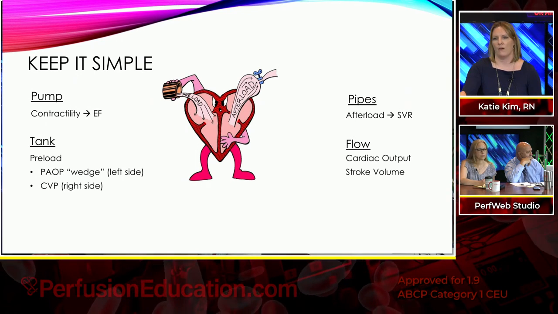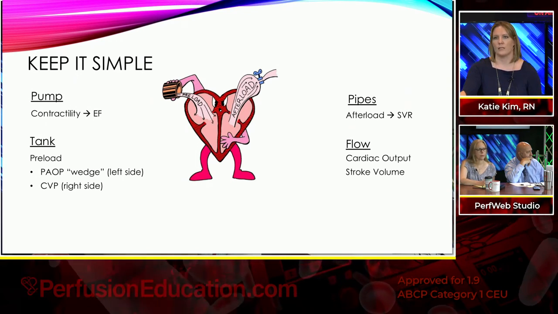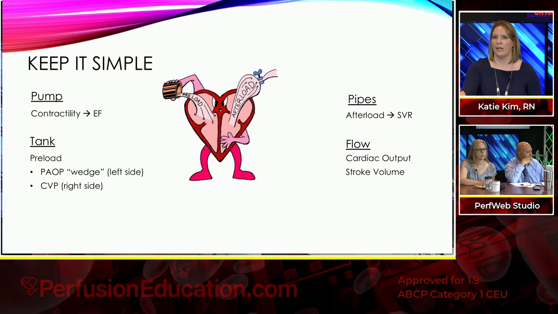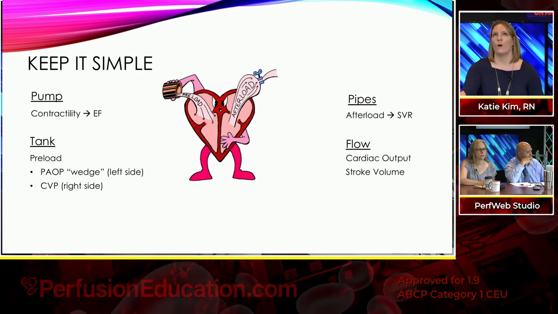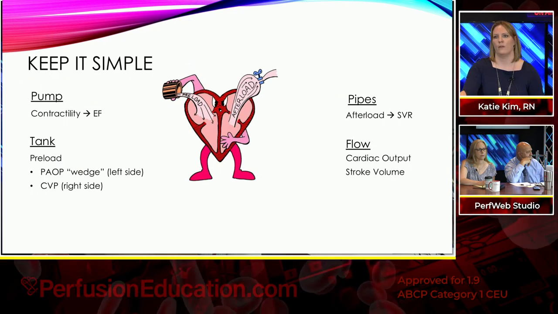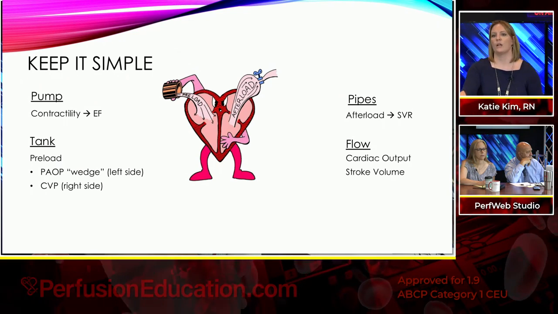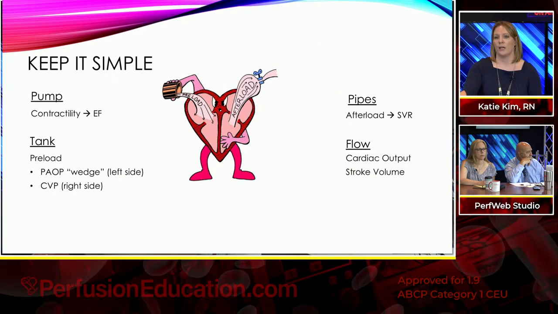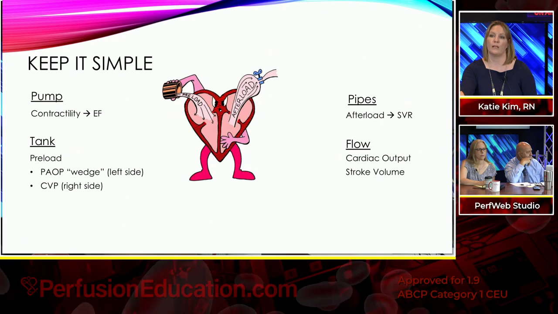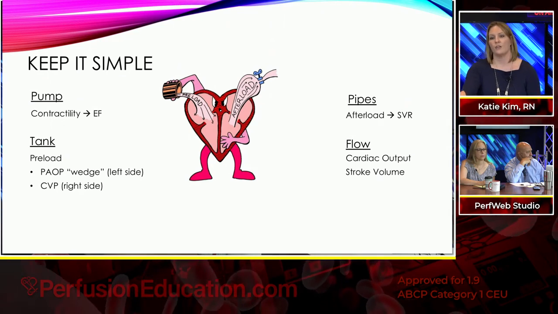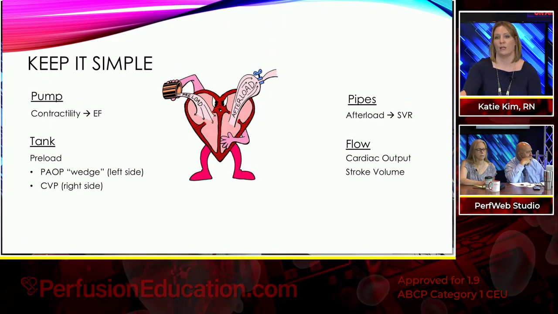Do we have enough force to pump the blood out of the tank? The tank is what's filling up the heart. So you're going to measure this by your pulmonary artery occlusive pressure, your wedge pressure, which tells you the preload of the left side, and your CVP, which tells you the preload of the right side of the heart.